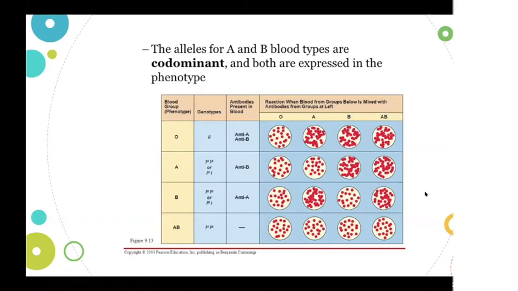That is why AB is called the universal recipient, because it can receive every kind of blood. And O is called the universal donor because, as you can see under the O line, everyone else can receive type O's blood. Move on.